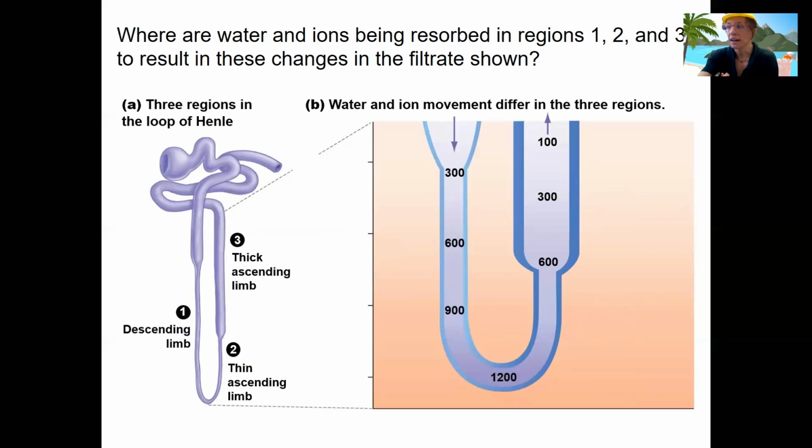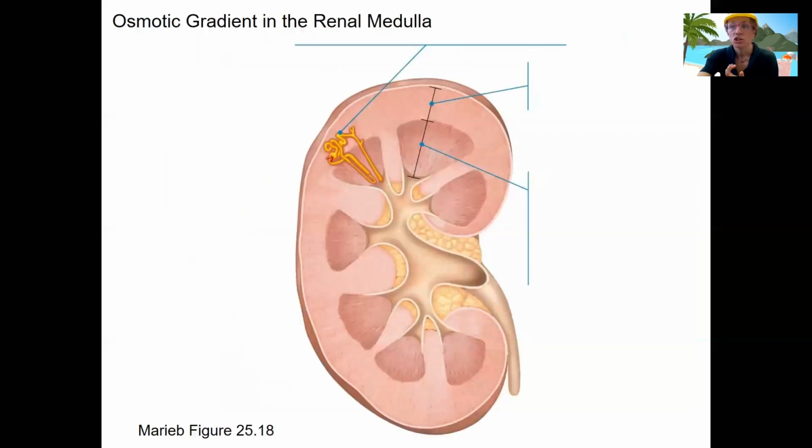So the last image I'll show in this first video here is an image of the medulla and the concentration gradient in the medulla itself, the osmotic gradient. Osmotic gradient because we're going to use this concentration gradient, this osmolarity gradient, to move water. So it is a concentration of solutes, so osmolarity. So here is our nephron.